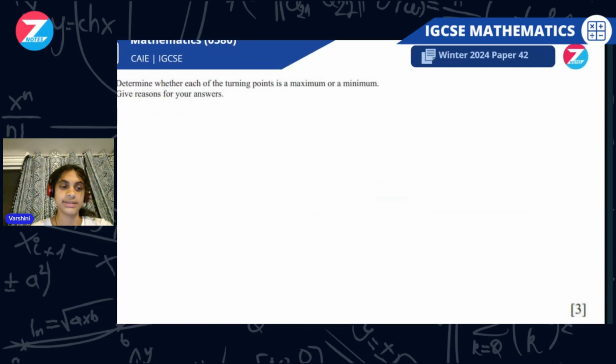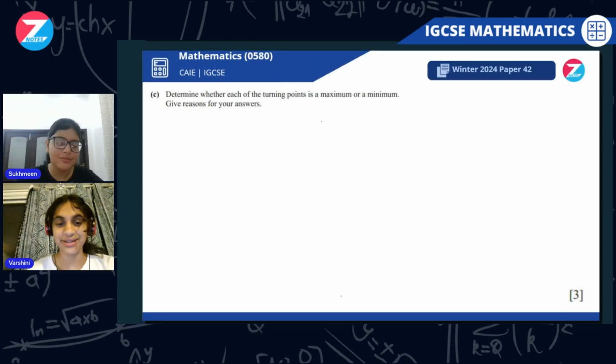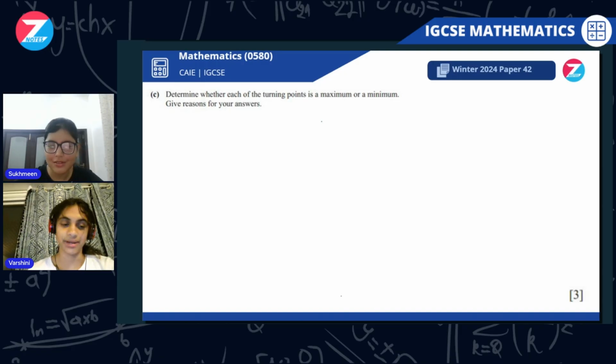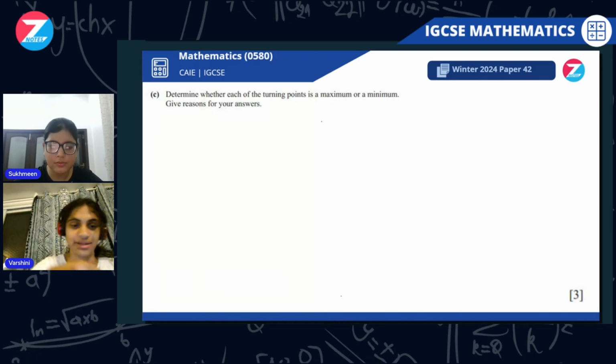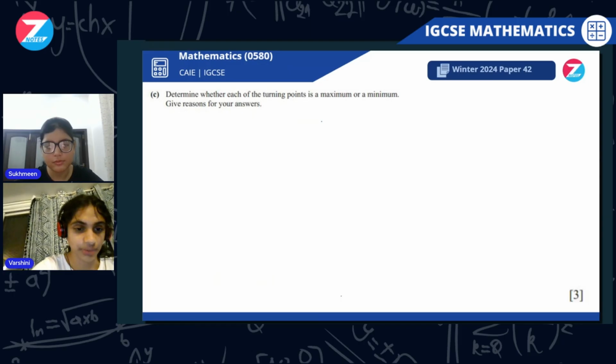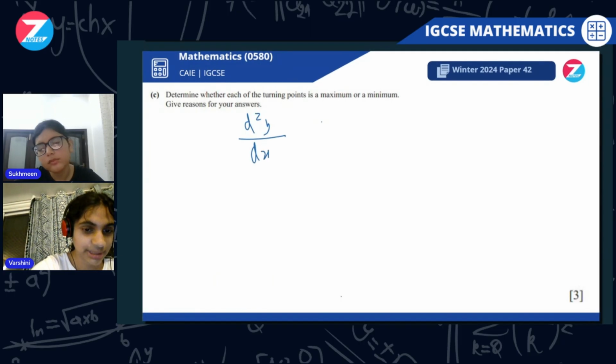Right, to the last question. Determine whether each of the turning points is a maximum or a minimum. Give reasons for your answers. There are many ways to do this, but I personally think the best way is to find the second derivative, which is d squared y by dx squared.